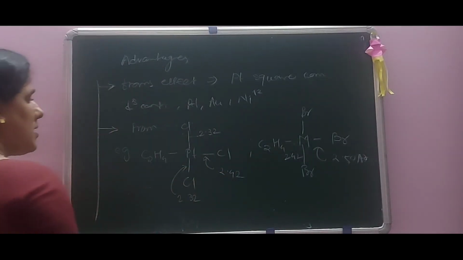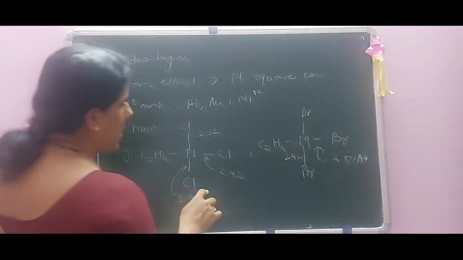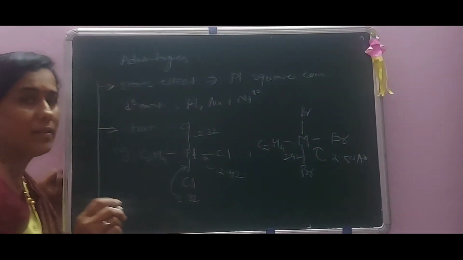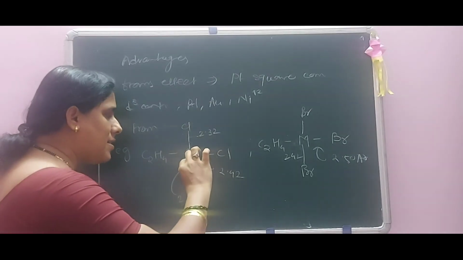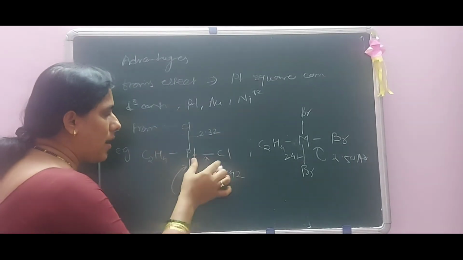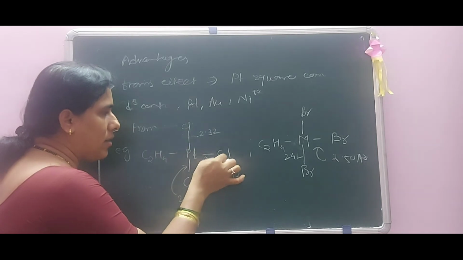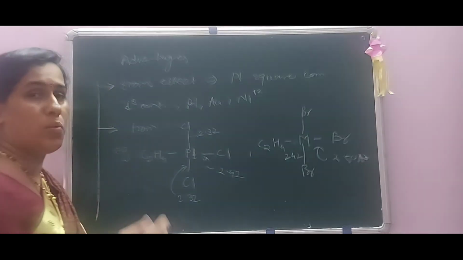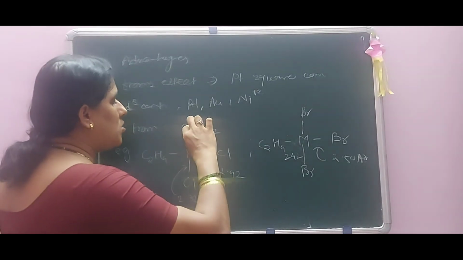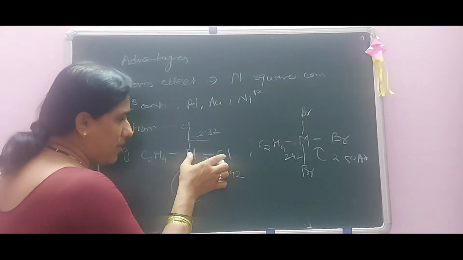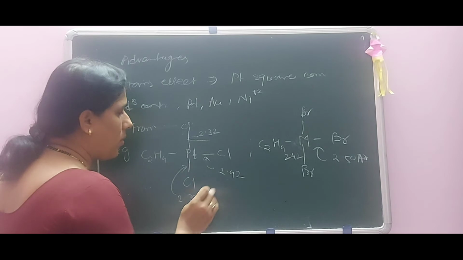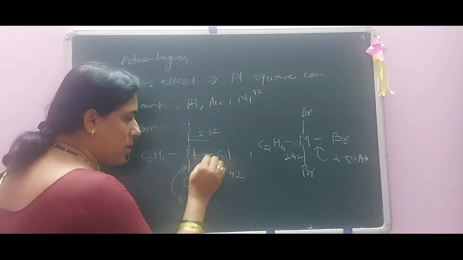By using this example, one can see how the bond length is elongated, and that's why the bond between the central metal and the leaving group gets weakened. As the bond length is shorter, the bond becomes strong. As the bond length is elongated, the bond weakens.